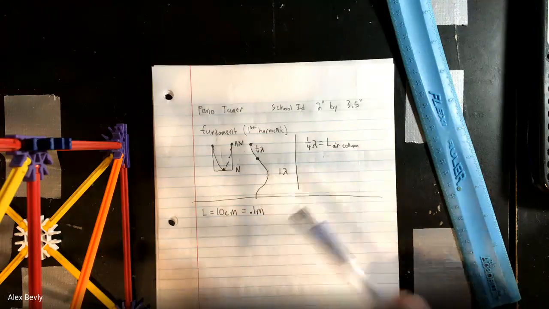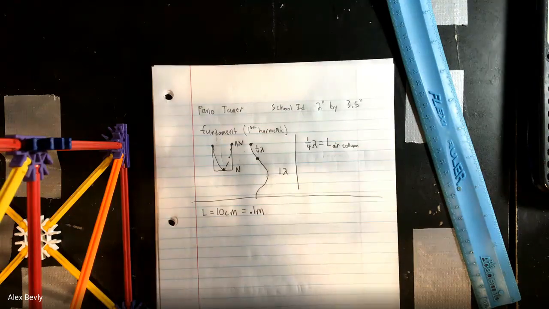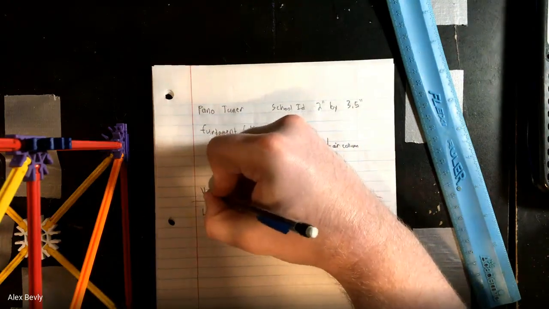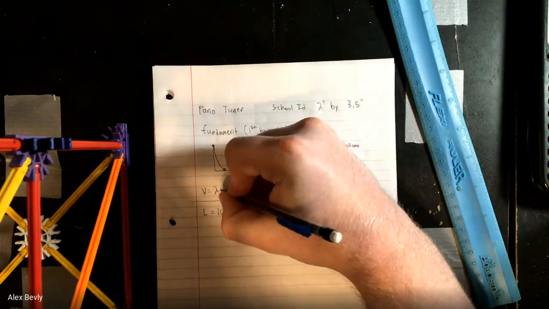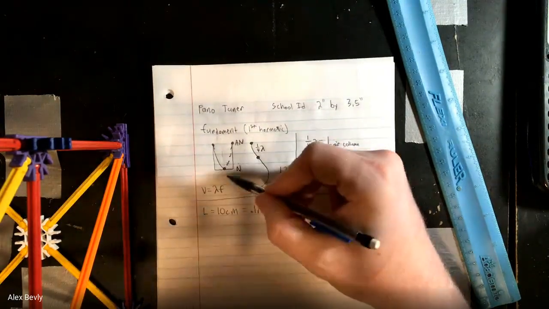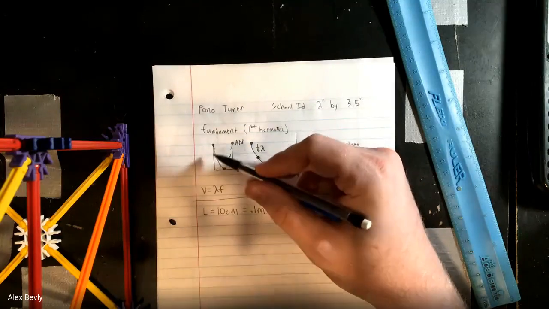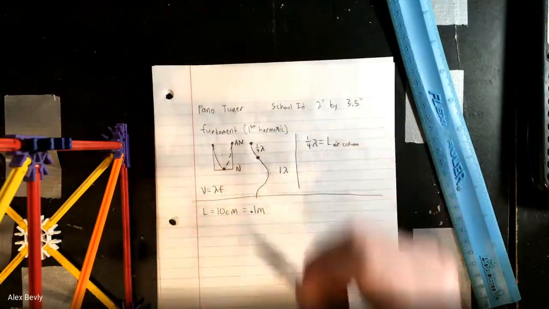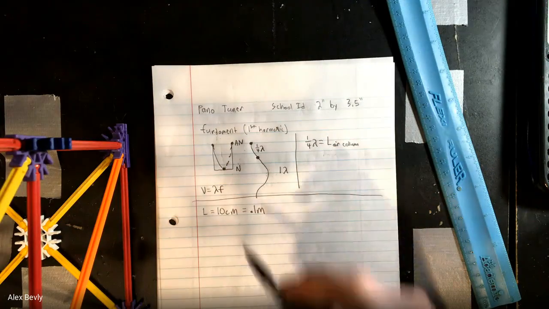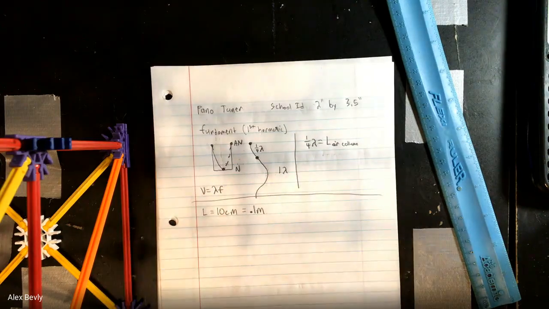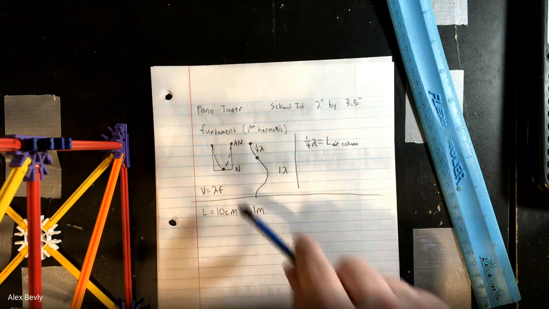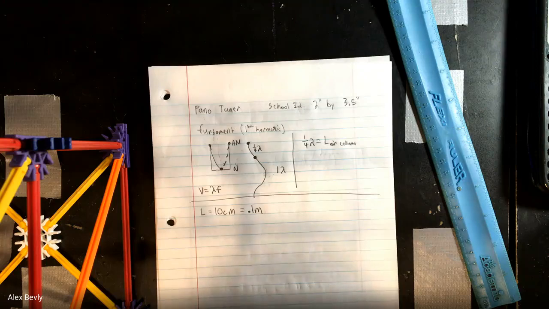But length isn't the thing I really care about in my wave equation, right? My wave equation is the speed is wavelength times frequency. So like we saw here, if we're in our first harmonic, which is going to be the easiest one to make, by the way. So when you blow across the top, it's really hard to make not the first harmonic. So how do I get the wavelength for this? The length is 1/4 of the wavelength.